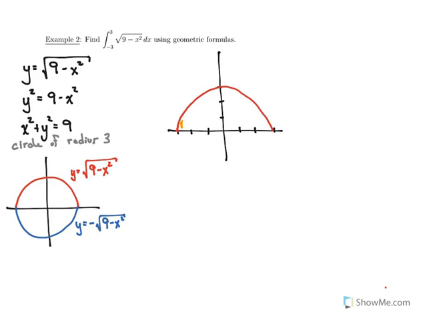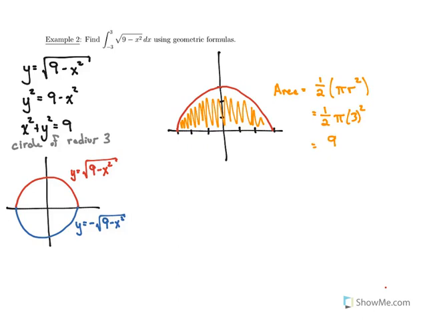So I'm thinking about this area, the area from the function to the x-axis. And this area is going to be 1/2 times the area of the circle, pi r squared. 1/2 pi times 3 squared will give us 9 pi over 2 units squared.